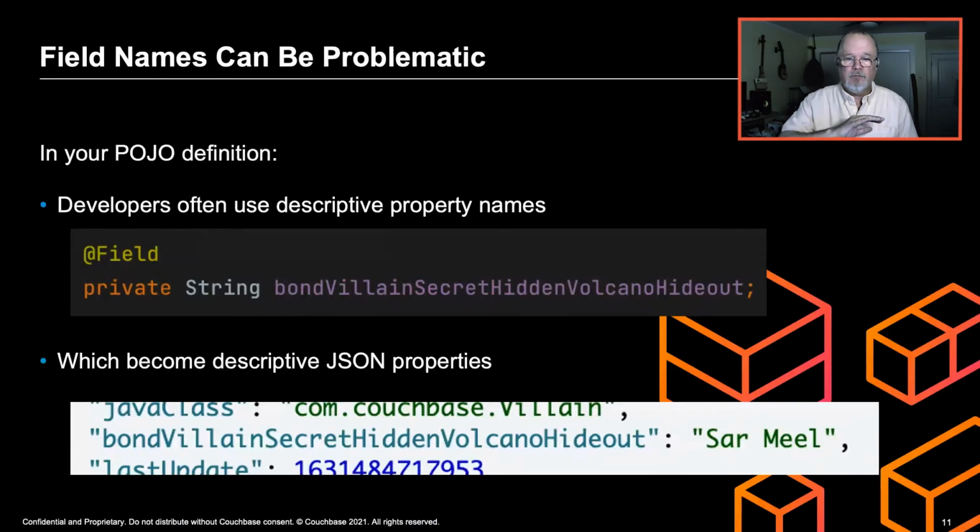Every instance of this document in your Couchbase database will have this same property name in the document itself. If you've got a half dozen, it's not really that big a deal. Yeah, it's a little extra overhead. But if you've got 100,000, a million, 10 million of this document type, that adds up to a lot of unnecessary storage space, both in your Couchbase database and in your payloads going across the wire.